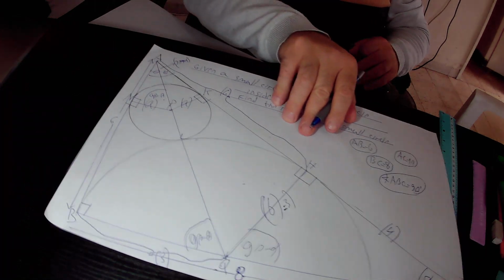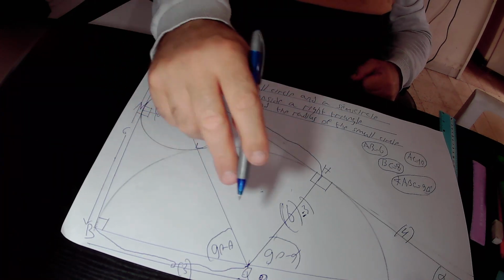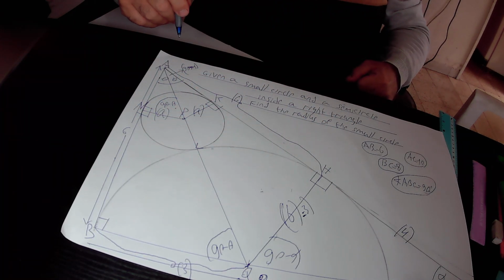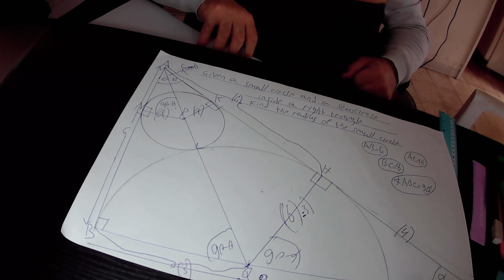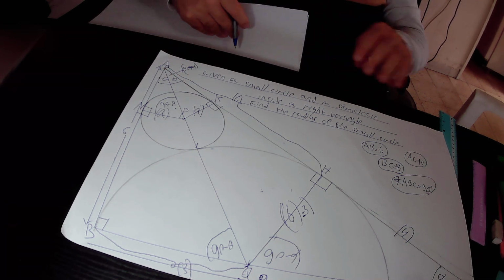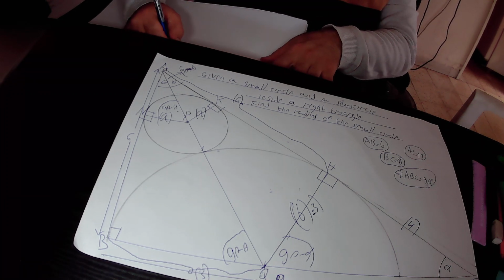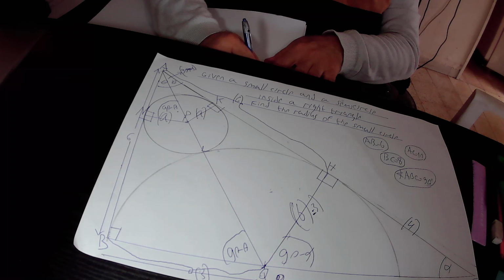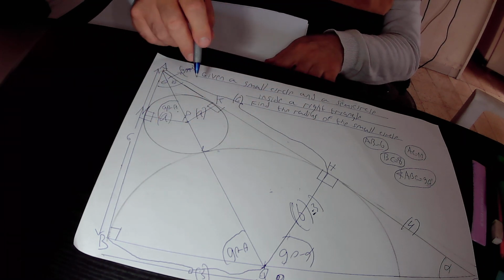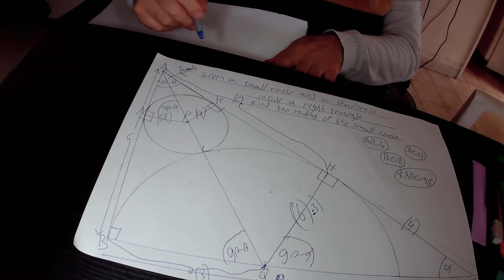In the next step, we will prove that the big right triangle ABQ is similar to this small right triangle, triangle ANP.